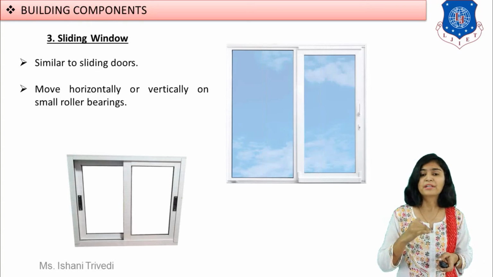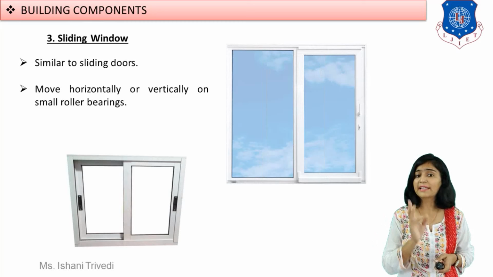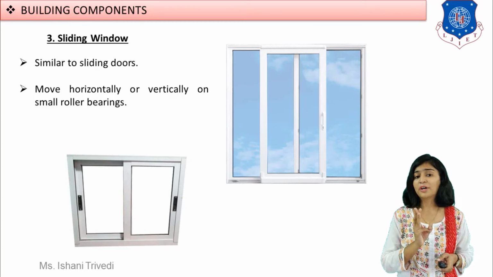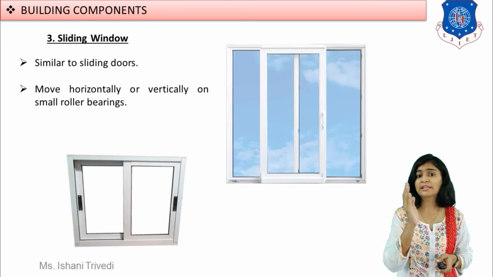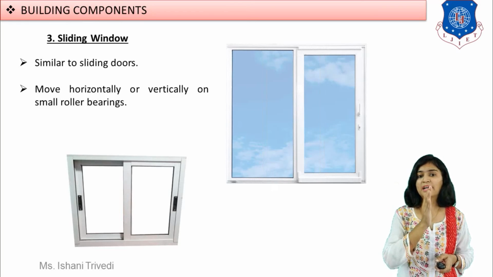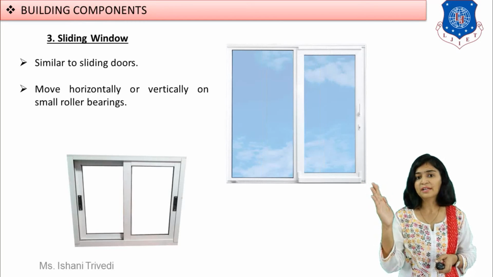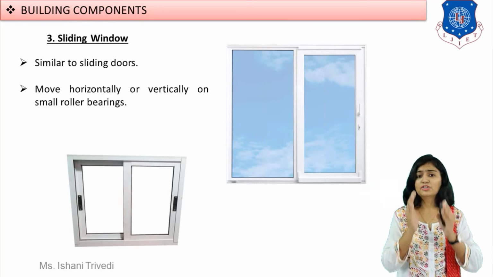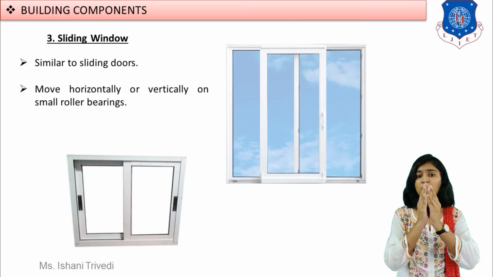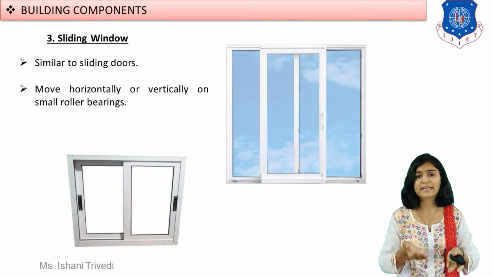So it is similar to sliding doors. Had we seen sliding doors in three different types? One was moving in just one direction. The second had two shutters, and both of them would be moving in one direction with reference to each other. And the third plan which we had seen had two shutters which open in opposite directions. So sliding windows are just similar to sliding doors.